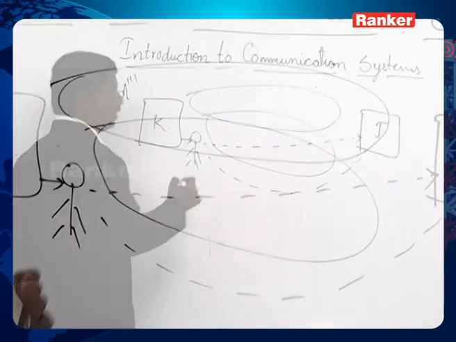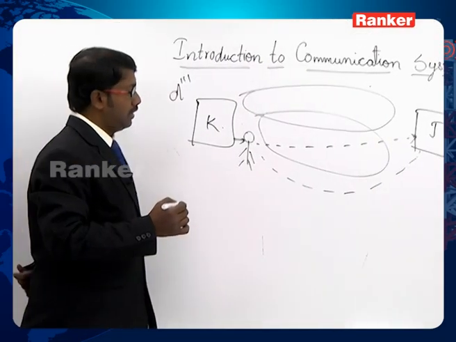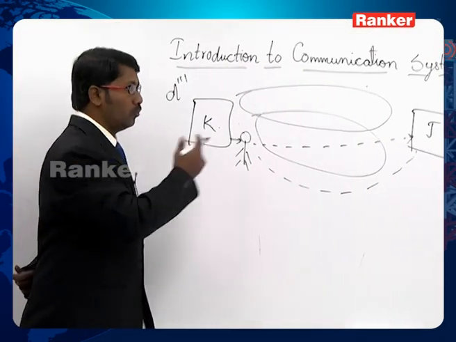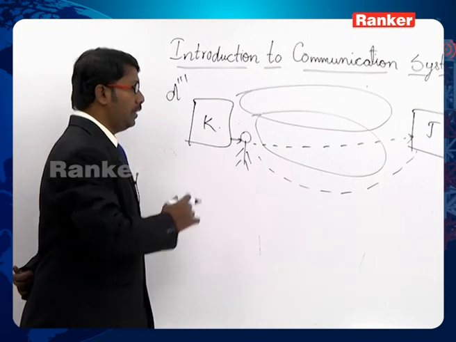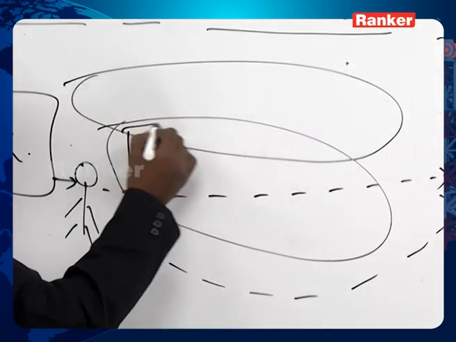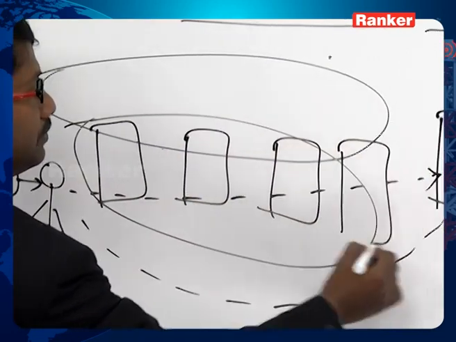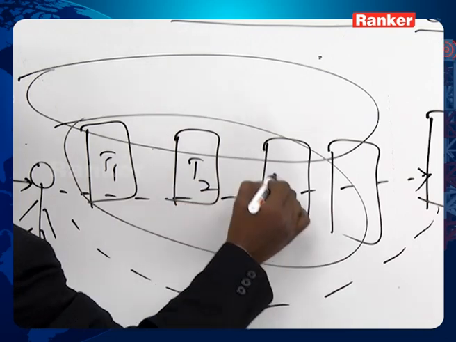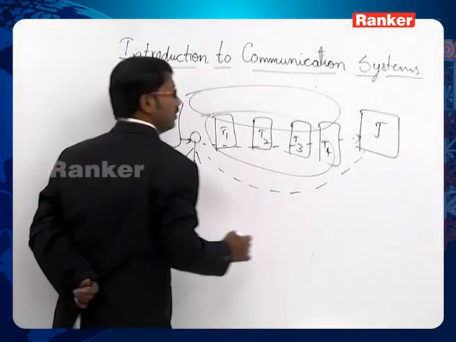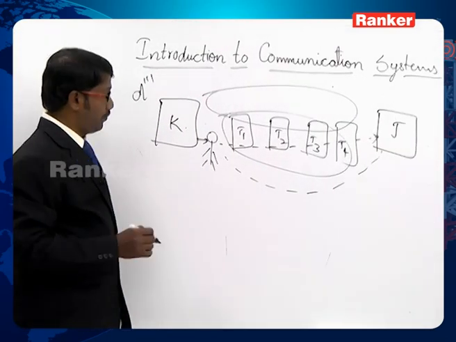So, the second way of communicating between two empires, they built something called towers or tombs in between. Let me say these are towers T1, T2, T3 and T4.